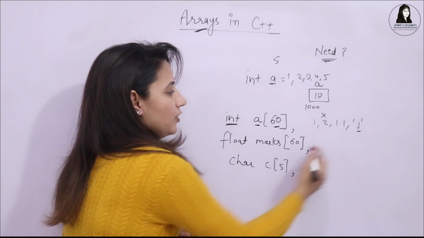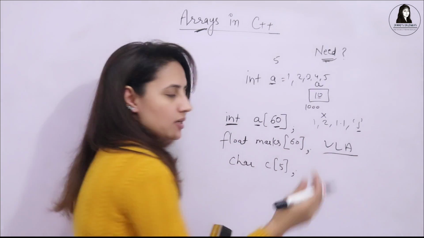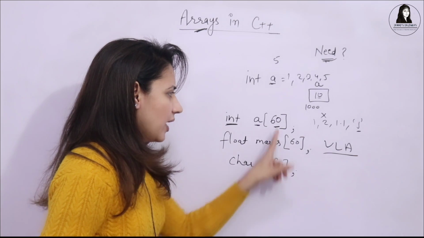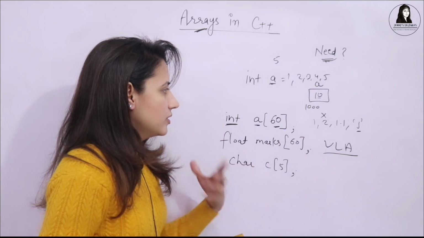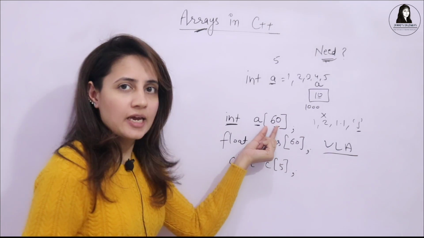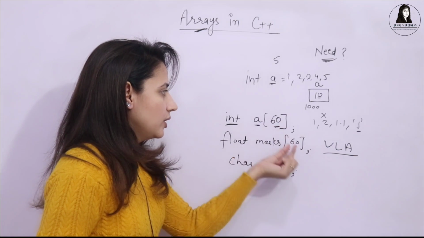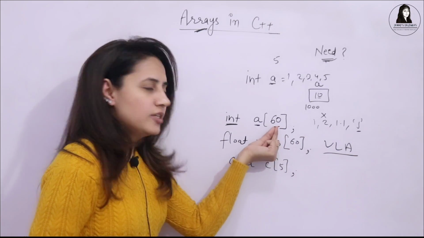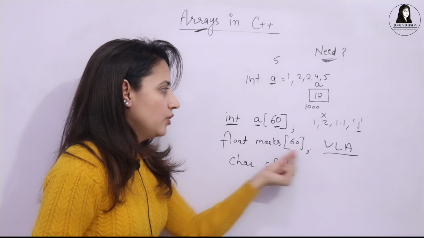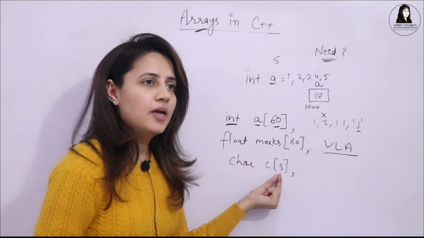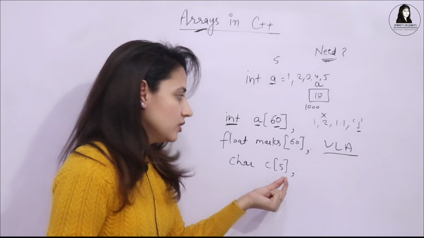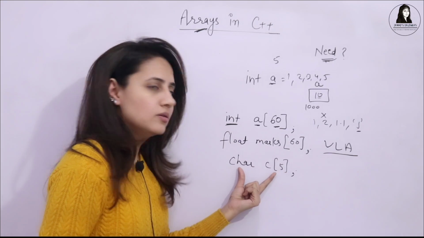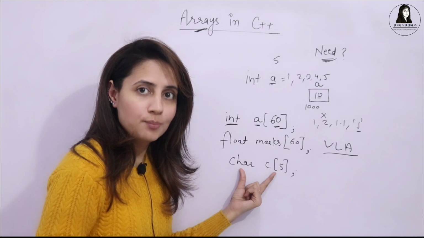And while VLAs, variable length arrays, are also allowed, while we declare these arrays there are several variations of this array type. What you can write here in the array size can be a constant value, it can be a variable length array, or without giving the size also you can declare the array. But how?